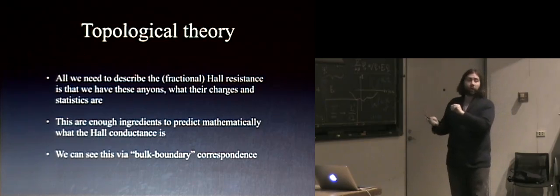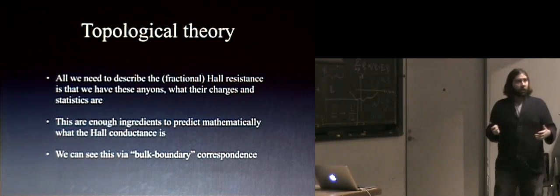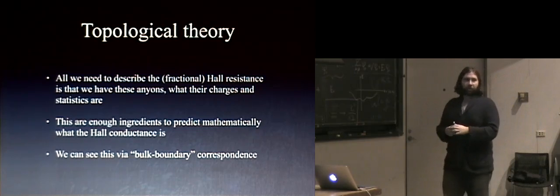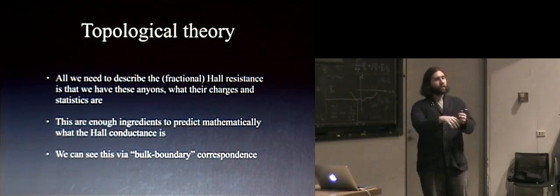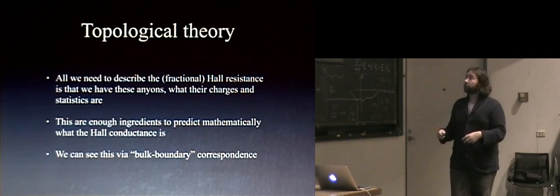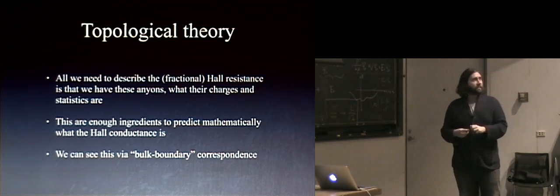And so if you know what all of the anyons in your system are, you know their charges and statistics, you can ask what happens if I apply an electric field, and just ask what does that long-range entangled order of the anyons do in response, and that will spit out the answer for you. There are many, many different ways of seeing this mathematically.